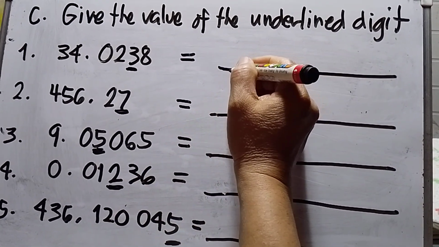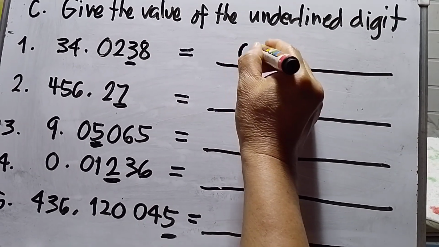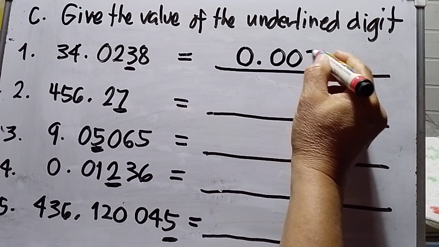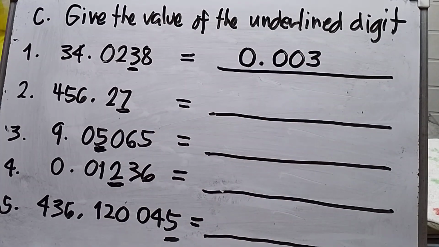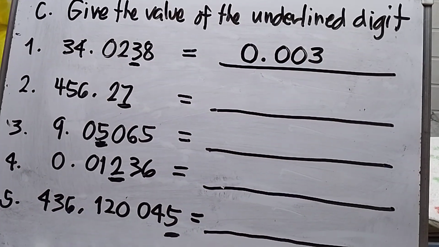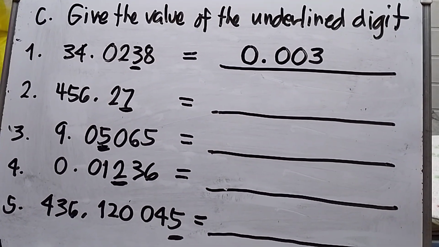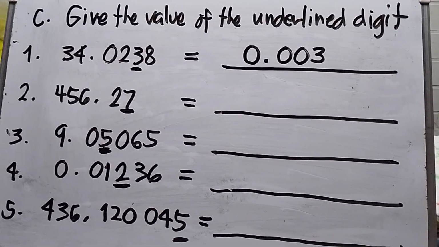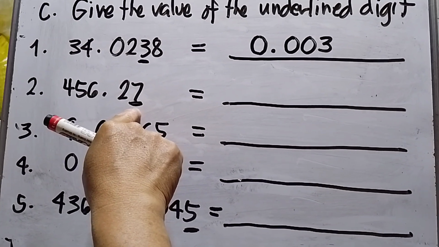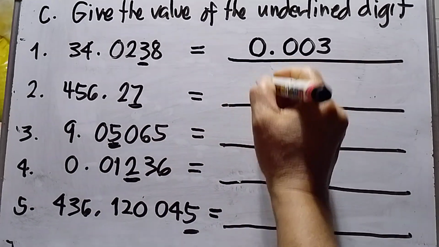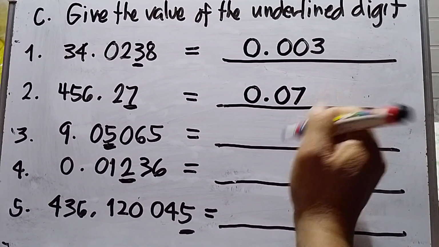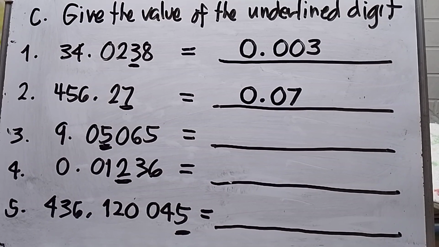For formal writing, I should write 0 before the dot, and then this will be 0.003, meaning 3 thousandths, because tenths, hundredths, thousandths.